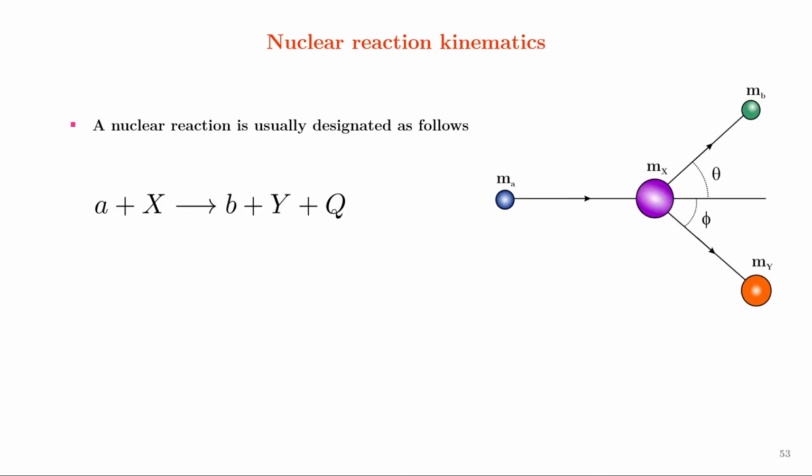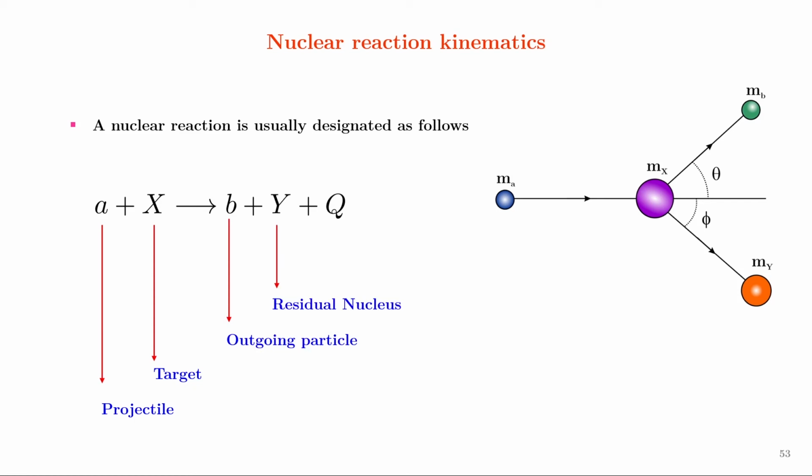Let us consider a nuclear reaction designated as A plus X giving B plus Y plus Q. In this case, A is the projectile with mass MA, X is the target with mass MX, B is the outgoing particle with mass MB, and Y is the residual nucleus with mass MY. And Q is the Q value of the nuclear reaction.